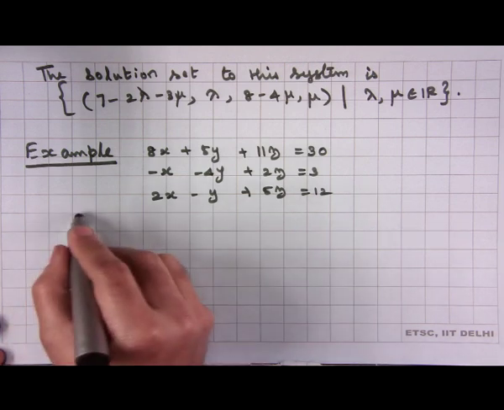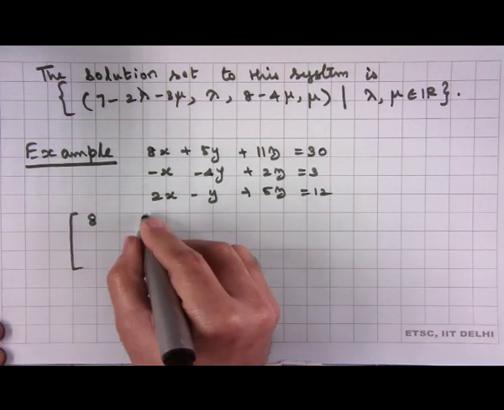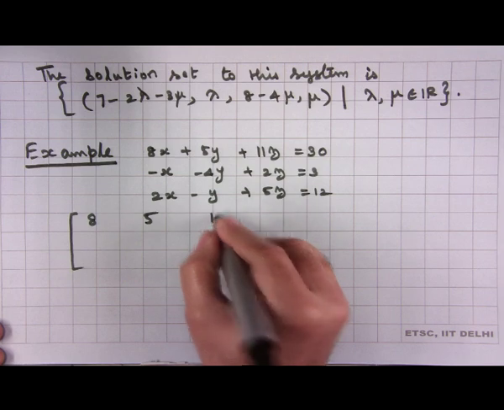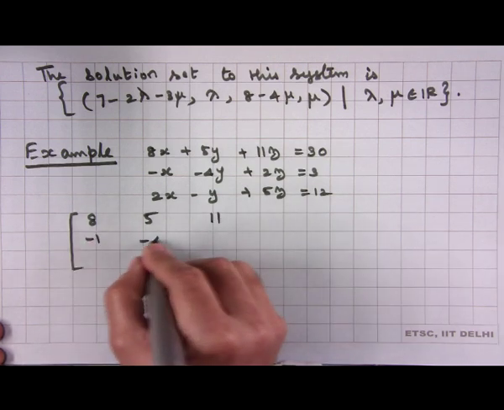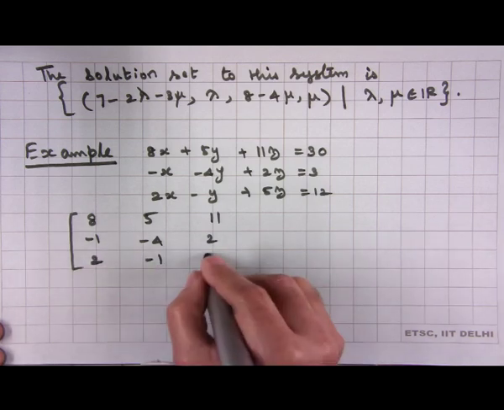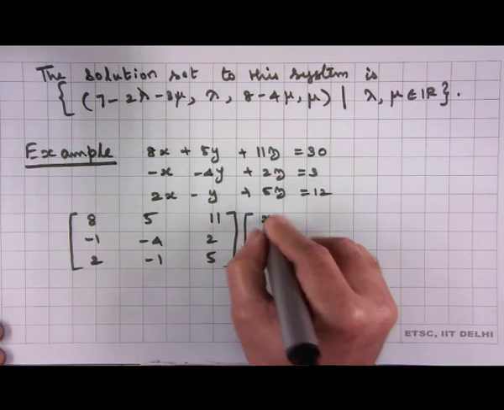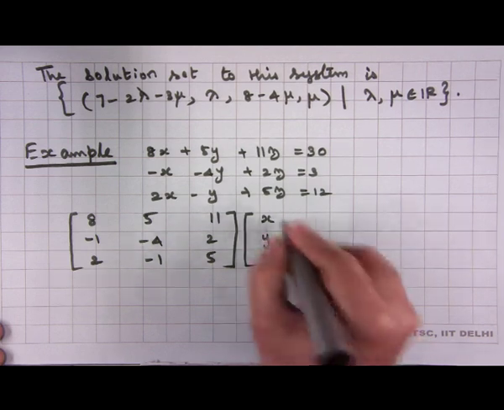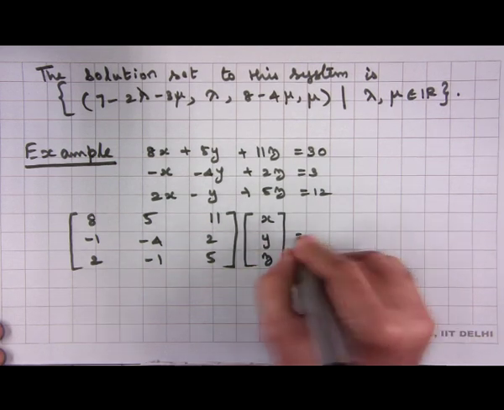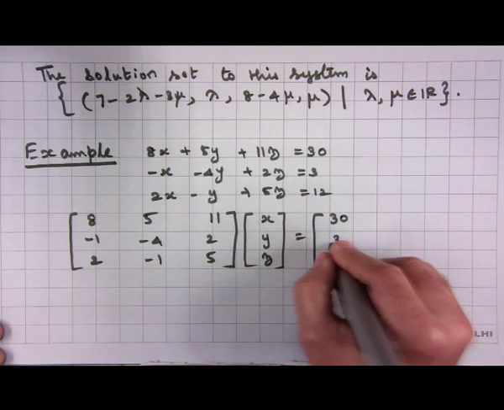Let us write down the matrix form: 8, 5, 11, minus 1, minus 4, 2, 2, minus 1, 5, applied on the unknown vector x, y, z, should give me 33 and 12.